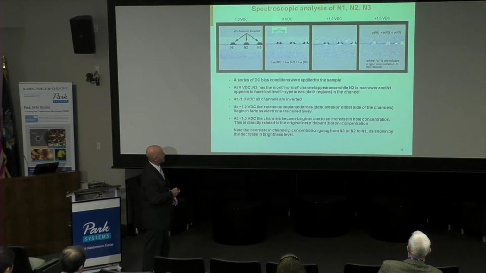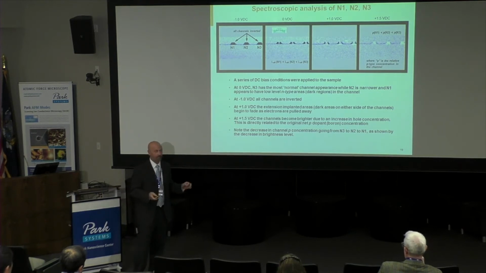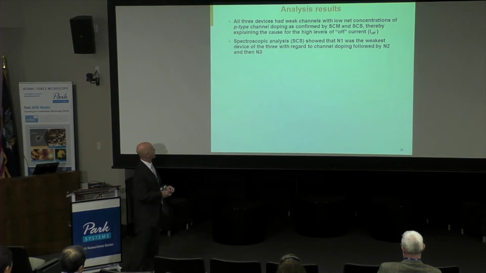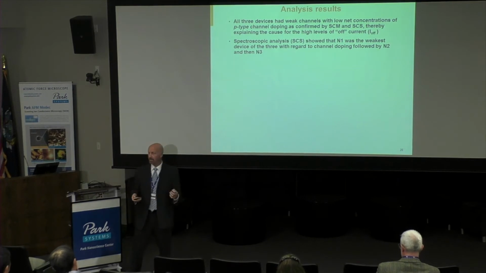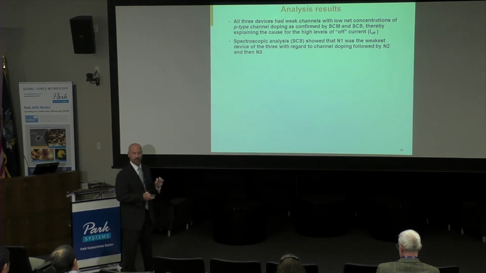Actually, this one was okay, but these 2 were malfunctioning. They worked okay, but they just leaked. So that's just a restatement of what I just said. Using the spectroscopic analysis, we were able to understand the cause for the malfunctioning of those devices.